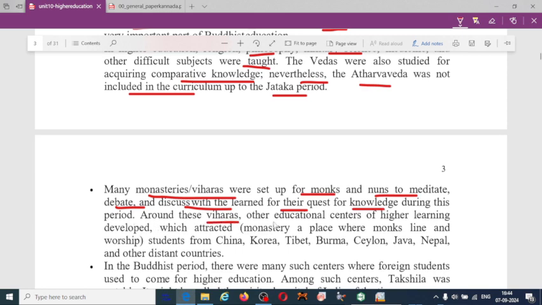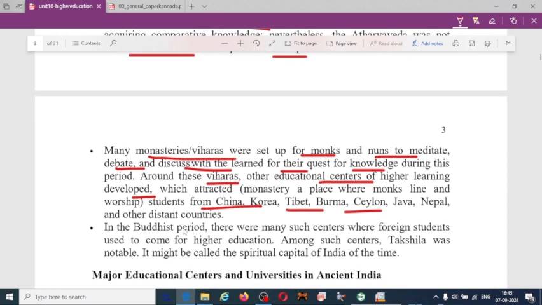Around these viharas, other educational centers of higher learning developed, which attracted students from China, Korea, Tibet, Burma, Ceylon, Java, Nepal, and other distant countries.